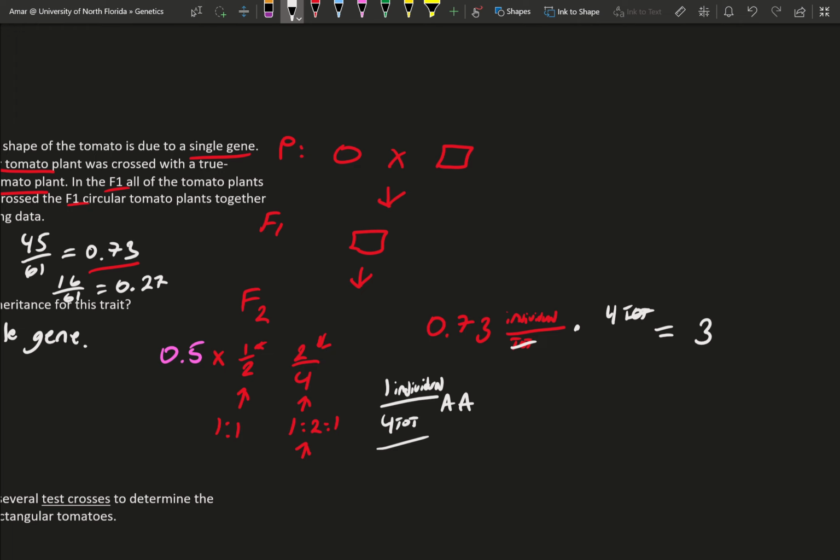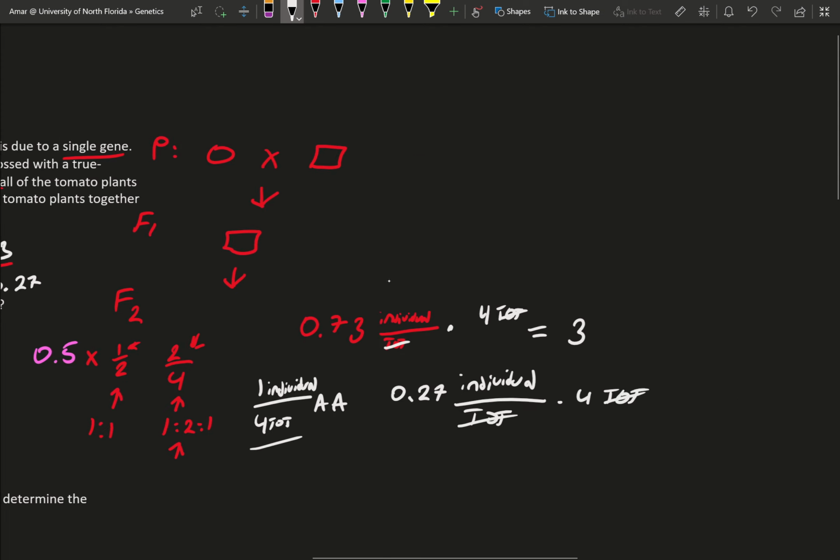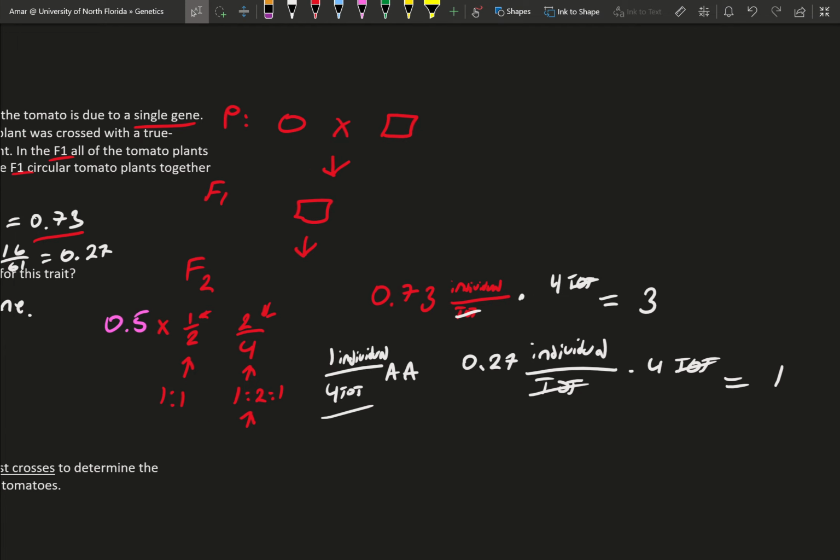And same thing with the bottom one too. The bottom frequency for the circular one, which was 4 again, if you do this calculation, you're also going to end up with 1. So you end up with a 3-to-1 ratio.